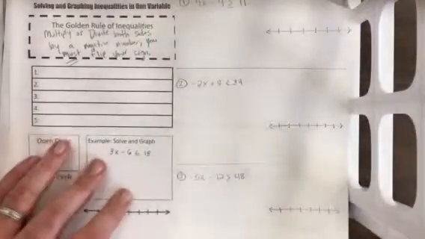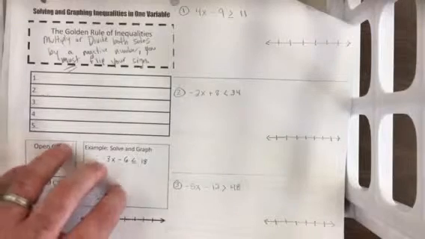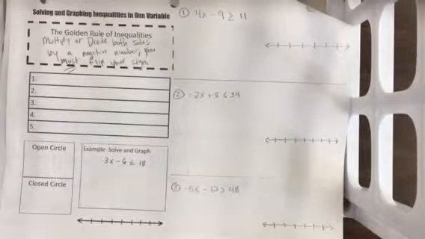That is the golden rule of inequalities. If you divide both sides by a negative number, or if you multiply both sides by a negative number, you must flip your sign. So if I divide both sides by -4, I'm flipping my sign. That is the golden rule. You must follow that rule.